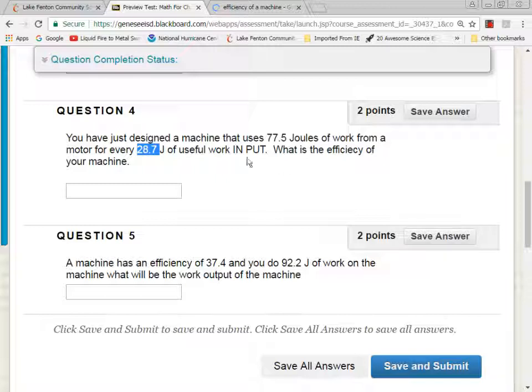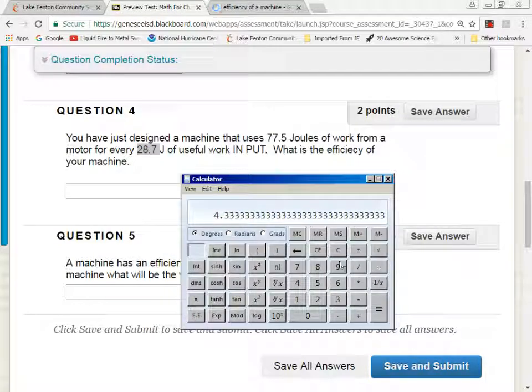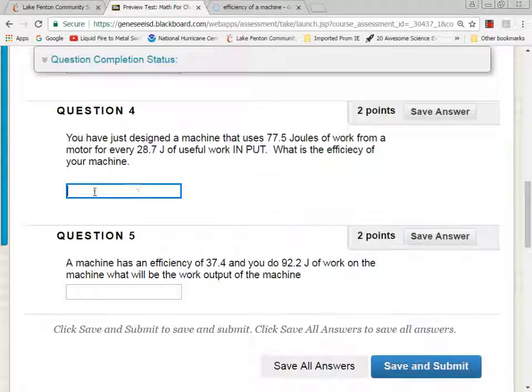That makes sense. So it's just this divided by this times 100. That's where I was going a little bit wrong. This is your input here. So you got 28.7 divided by 77.5 times 100. Does that make sense?